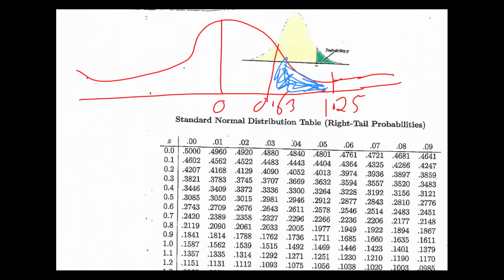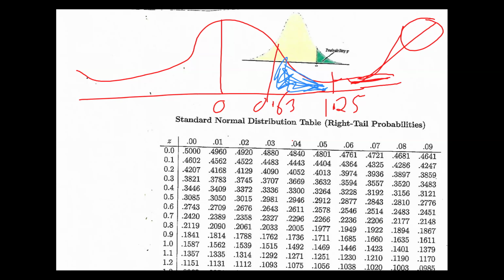So maybe we find first the 1.25, this probability after this. We deduct this area. Also, we find this probability between 0 and 0.63, this area. We also deduct it from 0.5.